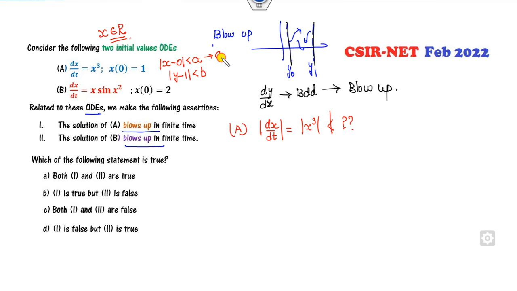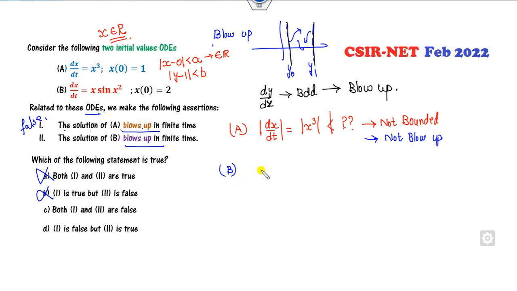A is part of the reals, so we can't find it. It means it is not bounded. So if this is not bounded, it means it is not blow up. Fine. So the statement that the solution of A blows up is a false statement.